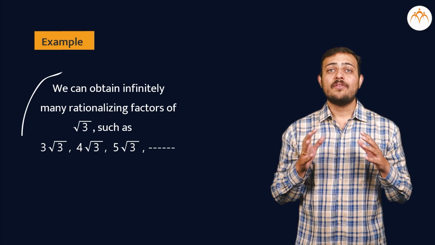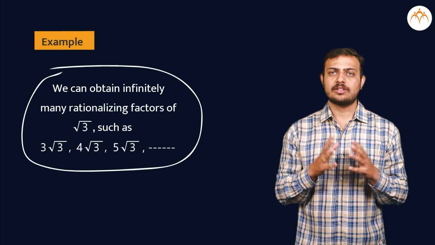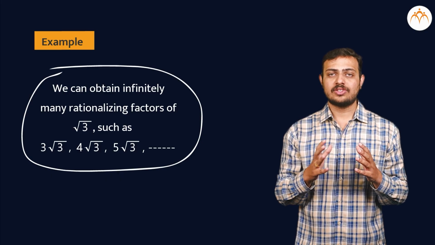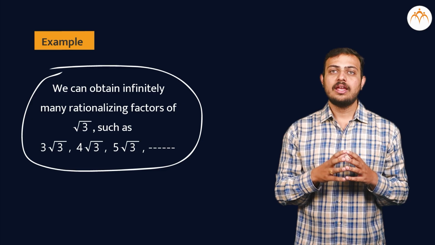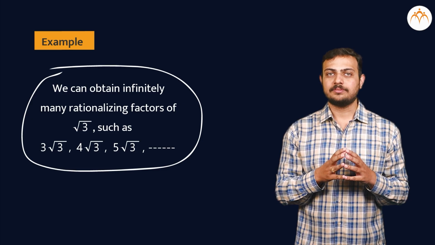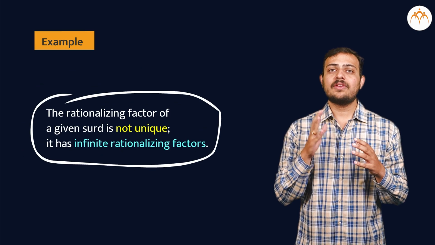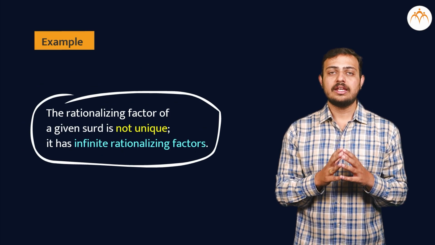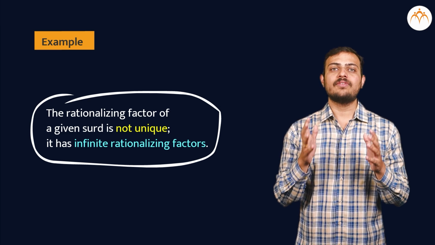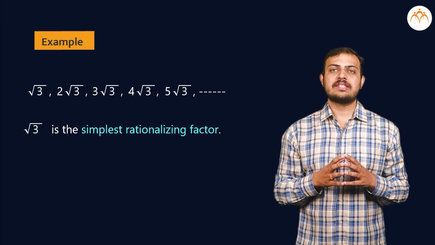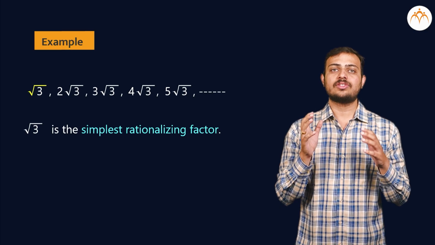In this way, we can obtain infinitely many rationalizing factors of square root of 3, such as 3 into square root of 3, 4 into square root of 3, 5 into square root of 3. Thus, we can say that the rationalizing factor of a given surd is not unique. It has infinite rationalizing factors. In the above example, square root of 3 is the simplest rationalizing factor.